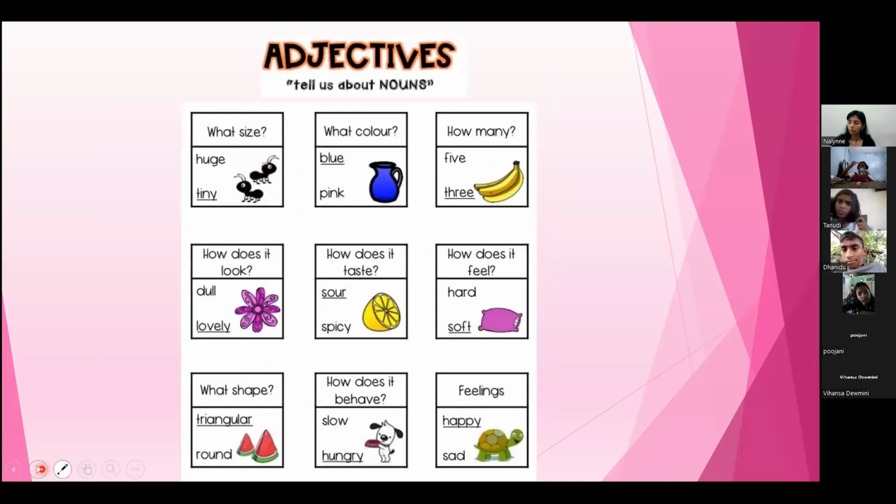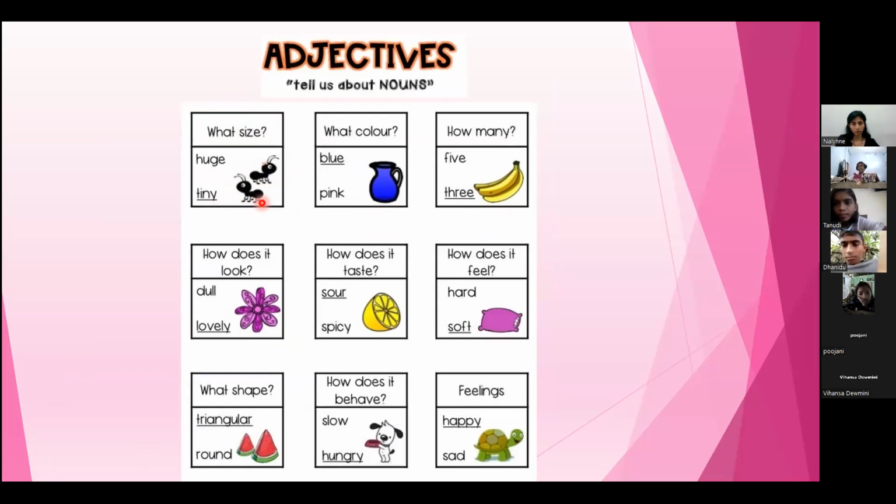Here, the noun is ants. When you tell me ants, I can imagine any kind of ant. But you can help me understand ants a little better by telling me their size: tiny ants.